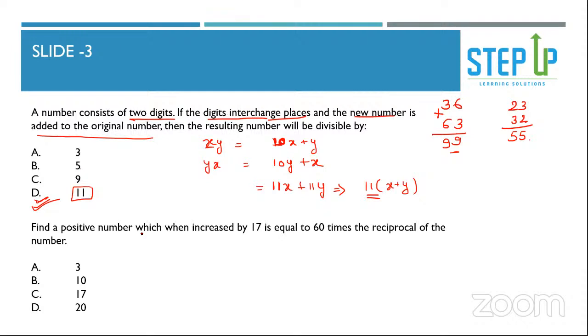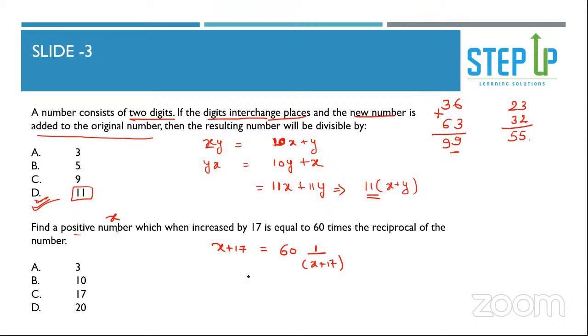Let's say the number is x, which when increased by 17 is equal to 60 times its reciprocal. Okay, this is the condition.